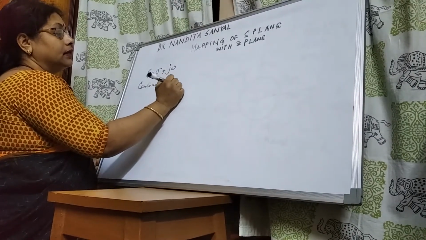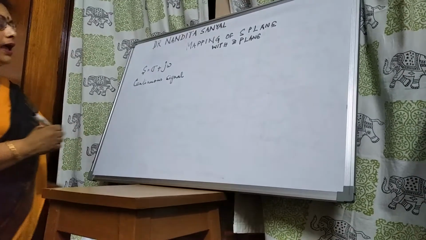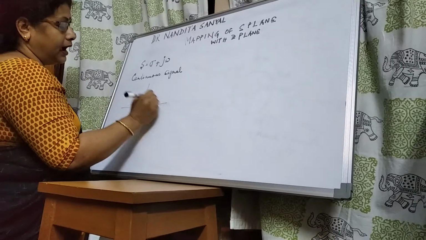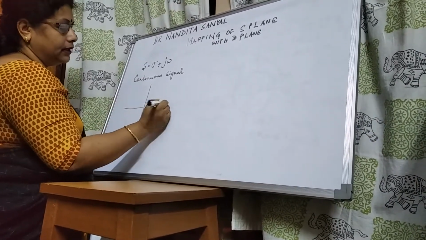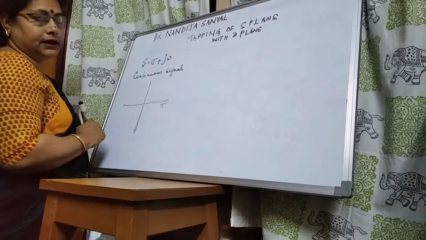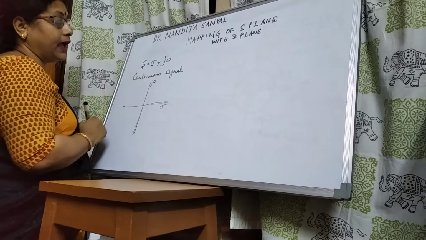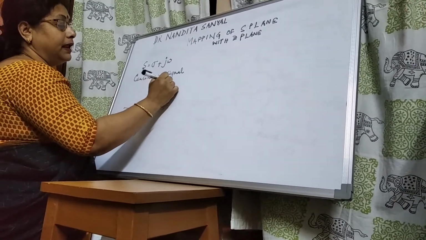If we plot sigma on the x-axis and j omega on the y-axis in a two-dimensional plane, this plane is known as the S-plane.